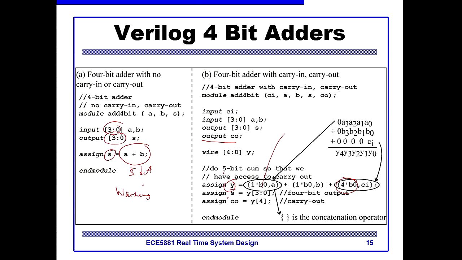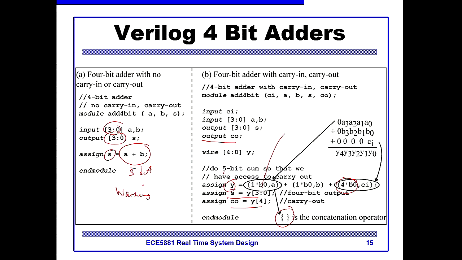So you then get the 4-bit result, and the carry out is the 5th bit of Y. Again, you see this concatenation operator. To construct a vector of bits from individual components, you need to concatenate multi-bits.